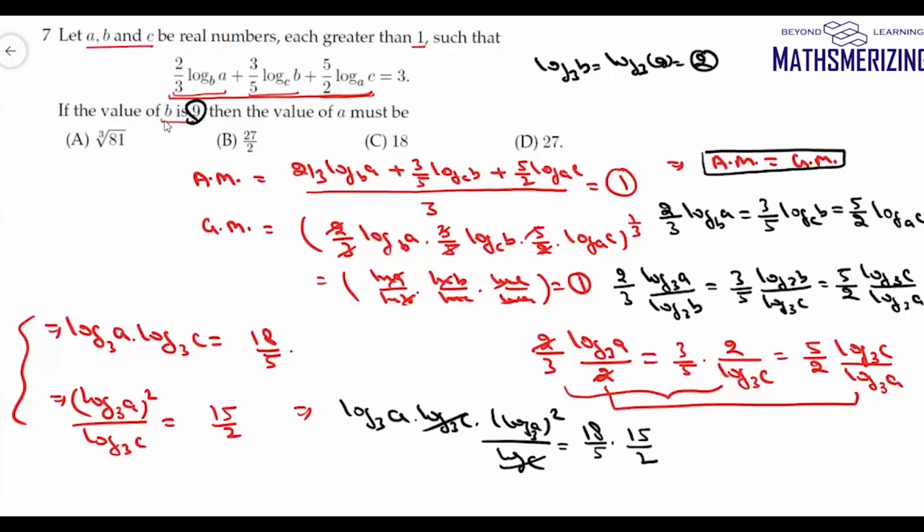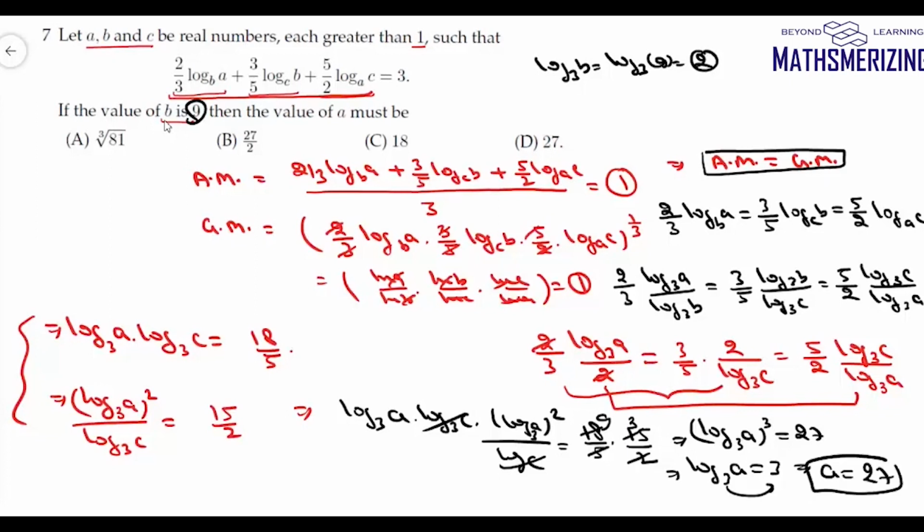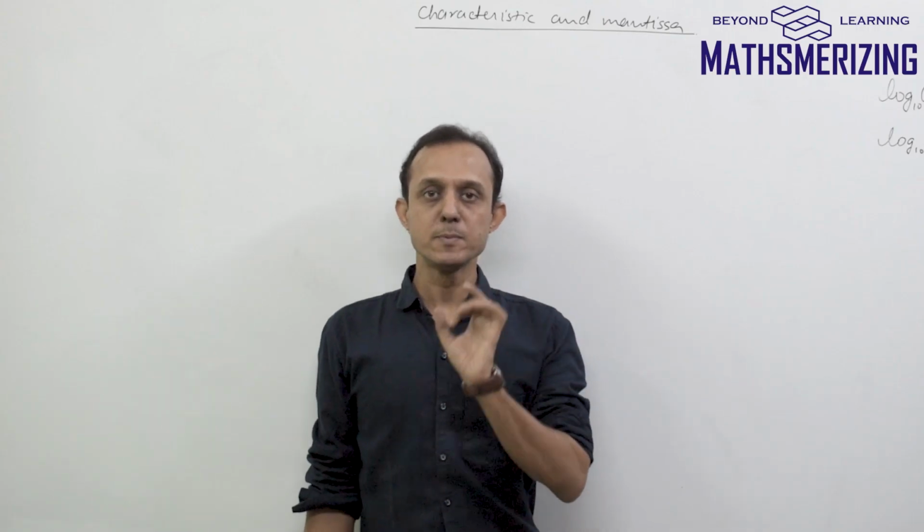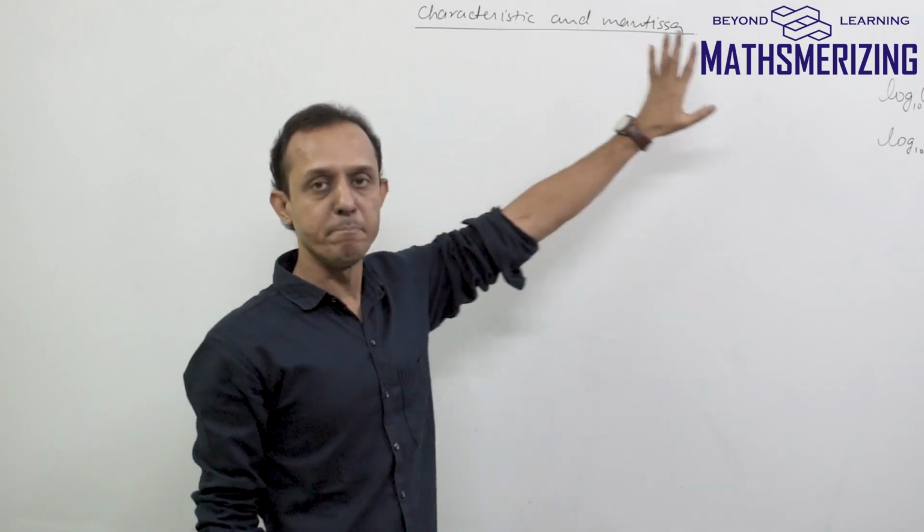Here log c will cancel, so I'll get log a base 3 whole cube, and this is equal to, so this is 9 and this is 3, so it'll be 27. So from here I'll write log a base 3 is equal to 3. So if I'll take anti-log, then I can simply write value of a is simply 27, and that's your option number D.